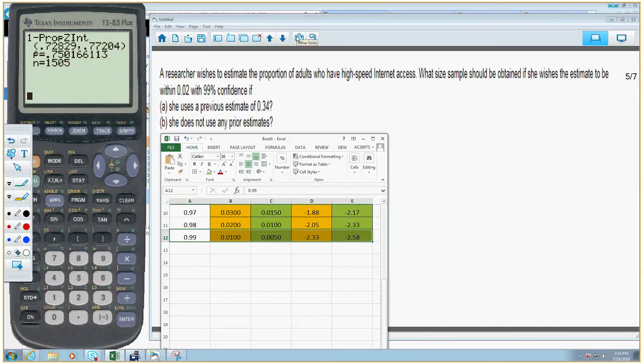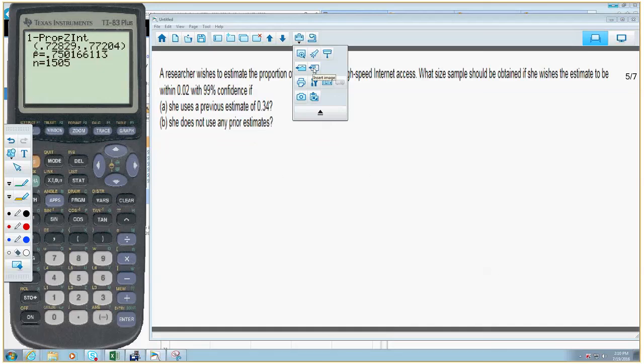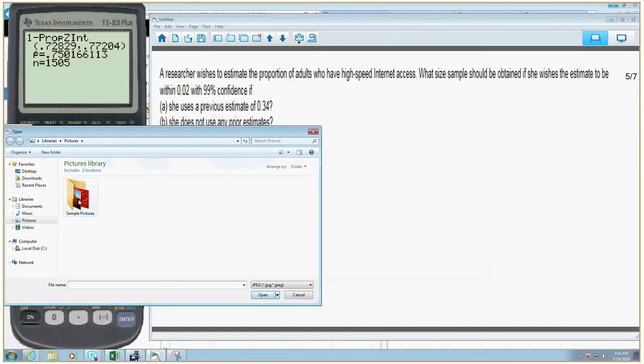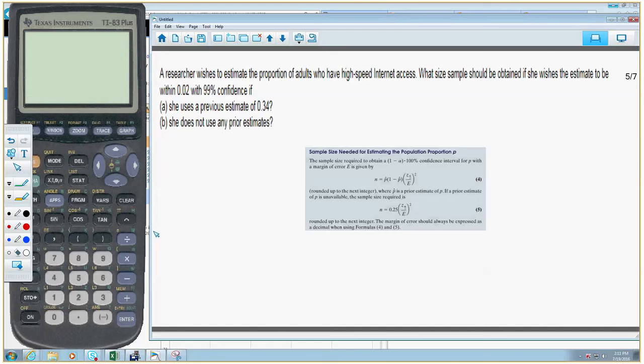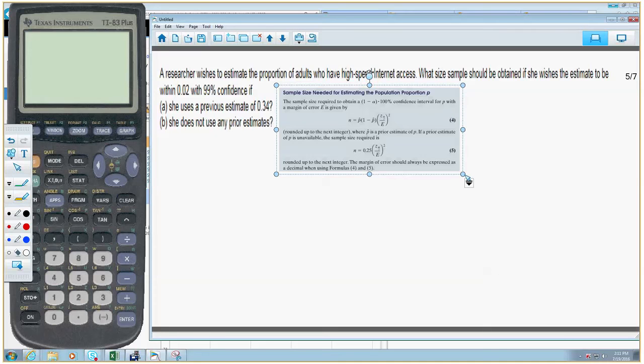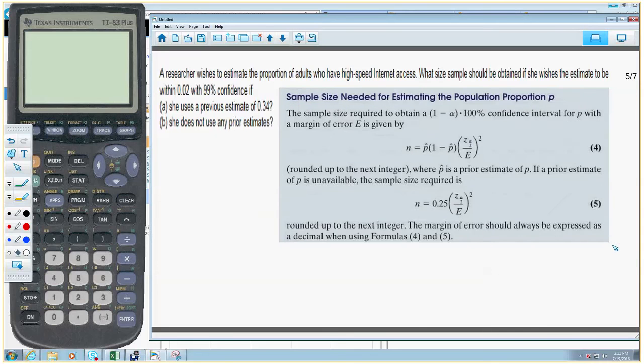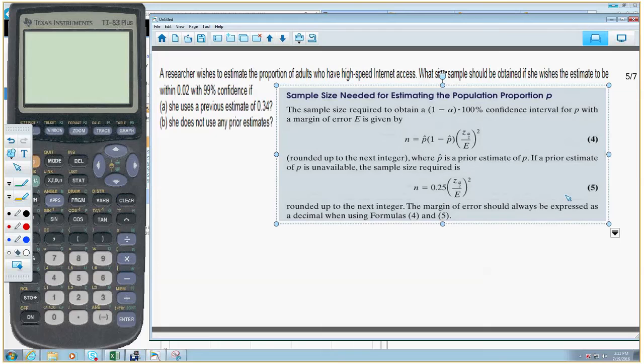And remember your formula. How do I know that that's the formula? Because you know your formula. And the formula says what? N is equal to, I've got to find it. This is called the sample size formula. There's your formula. Is everybody looking? Sample size.